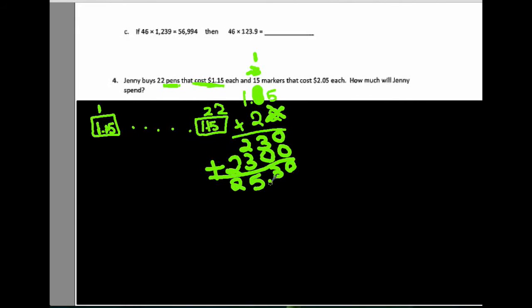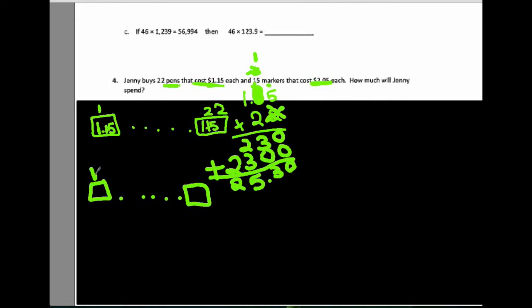And then it says he buys 15 markers, and each one costs $2.05. So we're going to do another tape diagram.